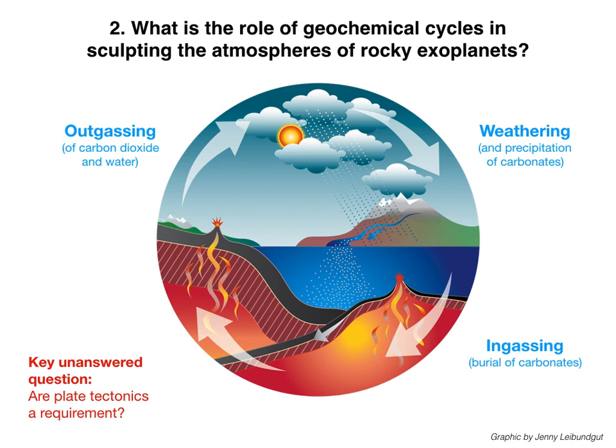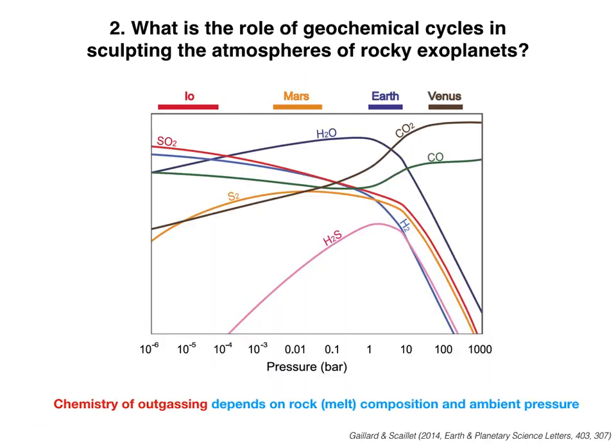It is unclear how and if these geochemical cycles occur on exoplanets. The other part of the story that is interesting is that it's important what the chemistry of the gas being outgassed actually is. If you read papers such as the ones cited on this slide, the claim is that the chemistry of outgassing depends at the very least on quantities like the surface pressure of the atmosphere.